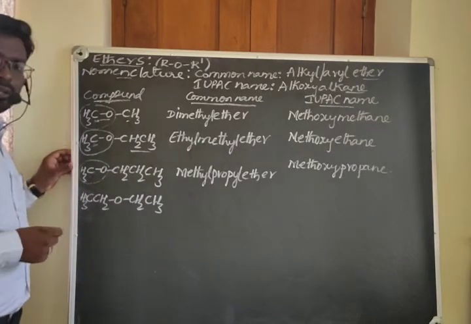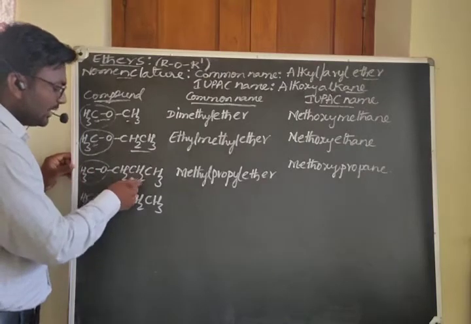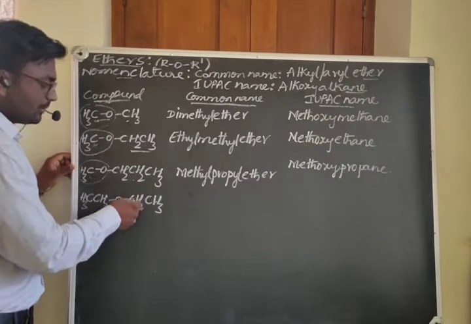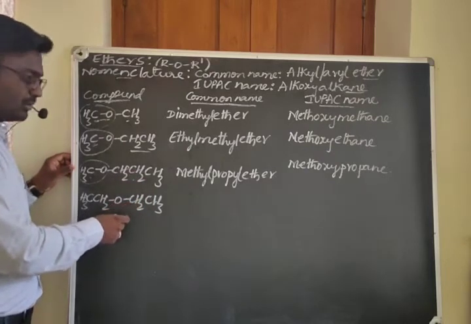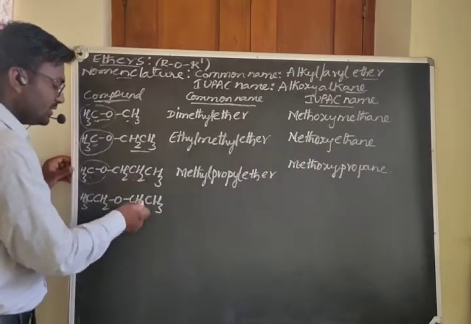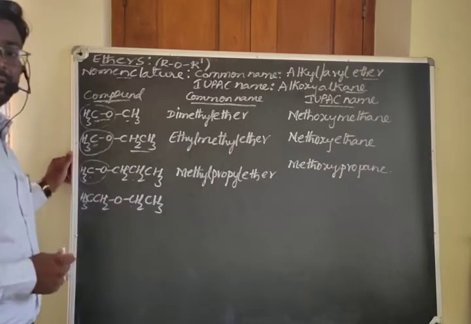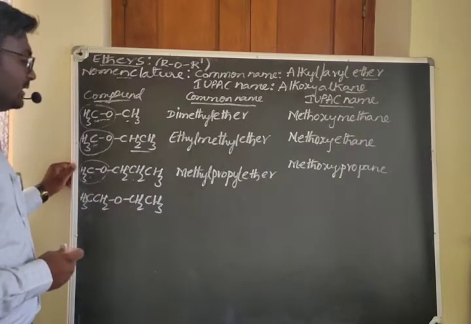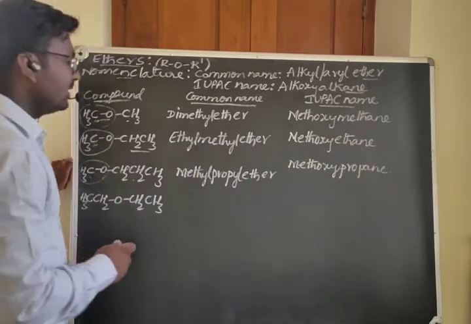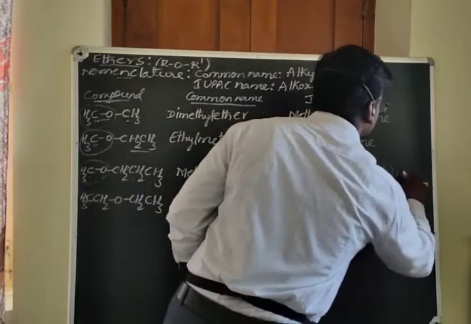Here you have methyl and propyl; here ethyl and ethyl. These two have the same molecular formula but differ in the alkyl groups on either side of the oxygen atom. This type of isomers are said to be metamers.